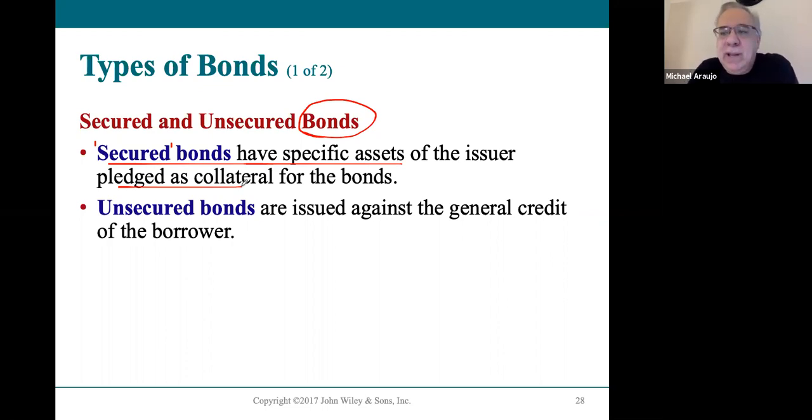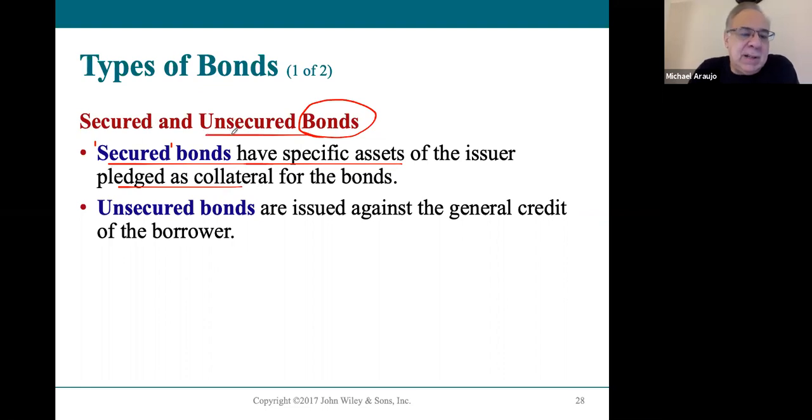You lend me this $1,000 and my car or this piece of equipment is the collateral. If I don't pay you back, you can take the car, you can take the equipment. That makes bondholders feel better because they are getting that collateral. They feel like it's a more secured type of loan, and thus it's a secured bond.